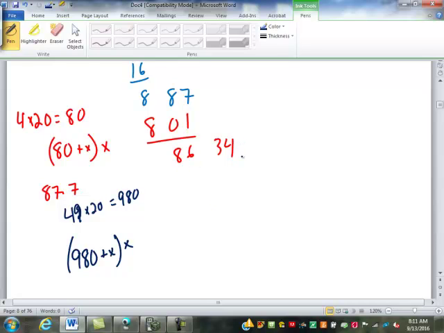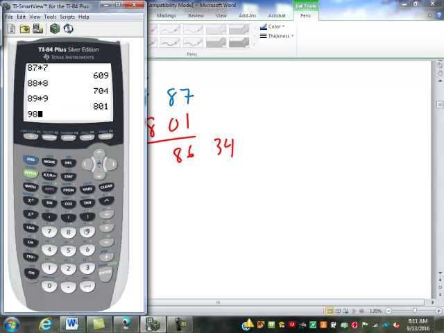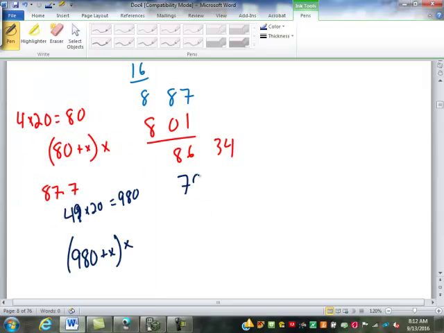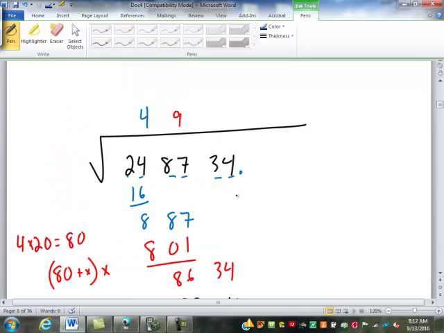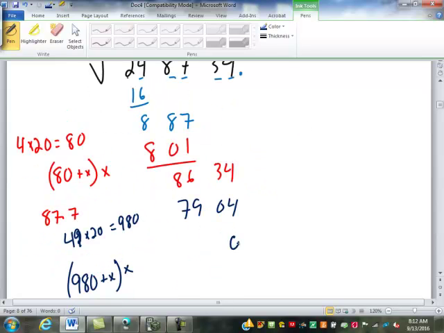Well, let's try 9 again. 989 times 9. 8901, that's too big. So 988 times 8 is 7904. That's 8. We're going to subtract down here. So 0, 3, and 7.